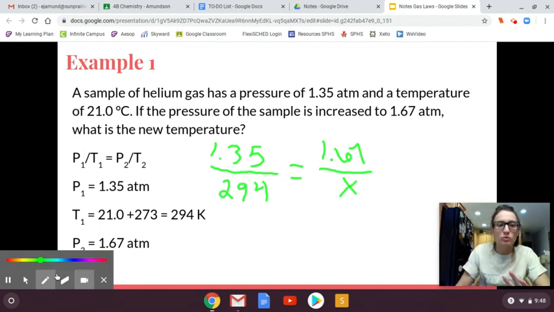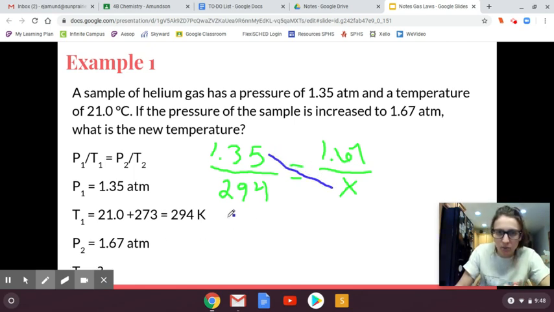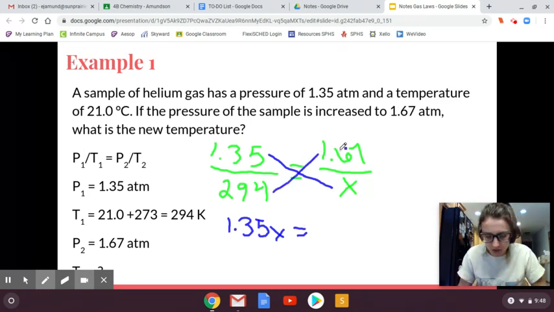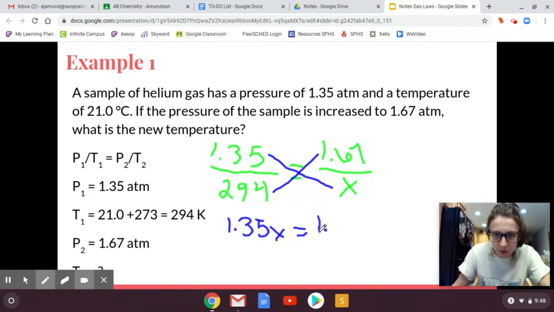So again, we have a fraction equal to a fraction. If you like to cross multiply, cross multiply. So this cross right here is 1.35 times X is equal to the other cross here, 294 times 1.67, which is 490.98. Again, wait to round until the very end.